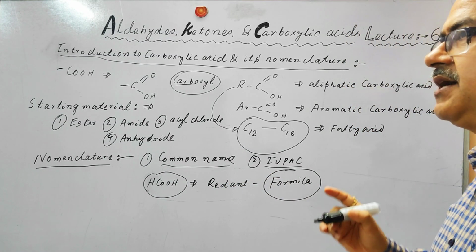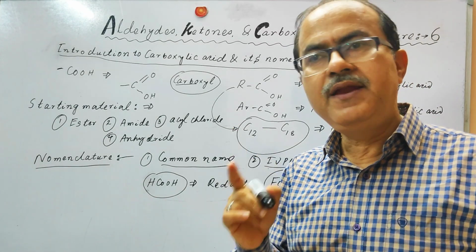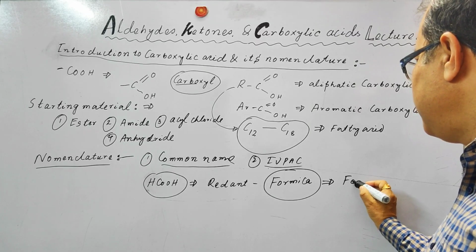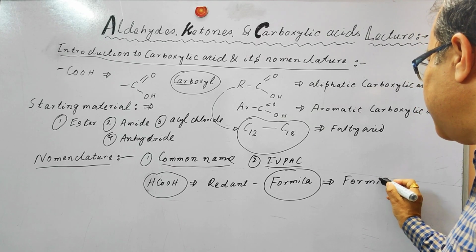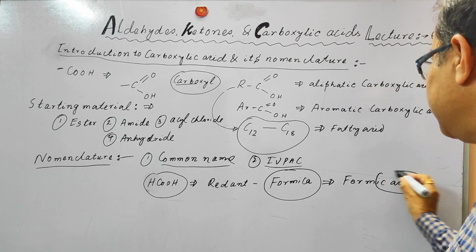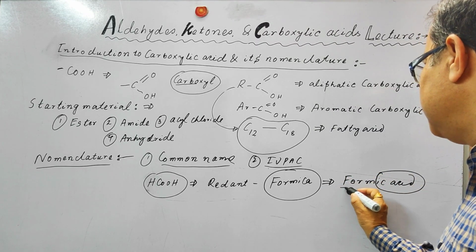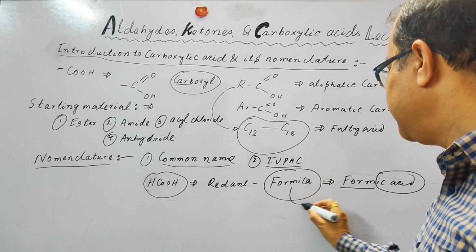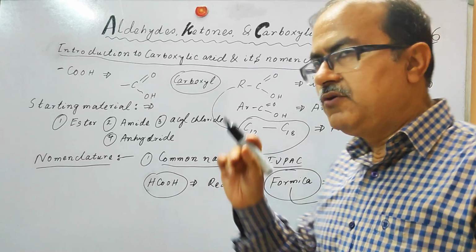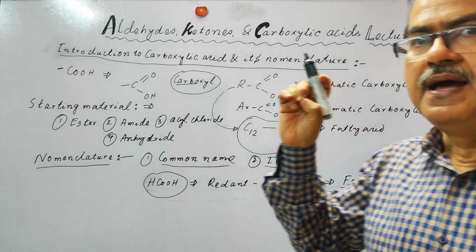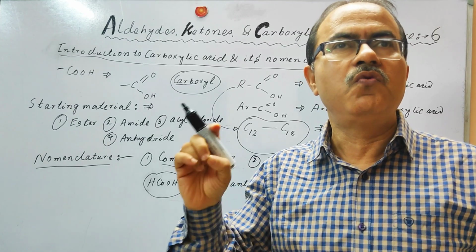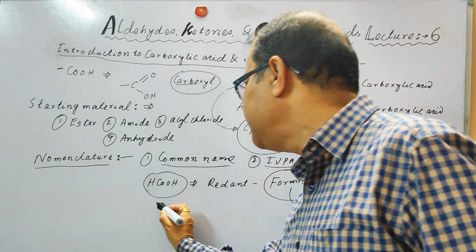As we already discussed, there is a suffix at the end, ic acid. So from formica, this name formic comes. The common name is basically the Latin name of the natural source where it was first found.